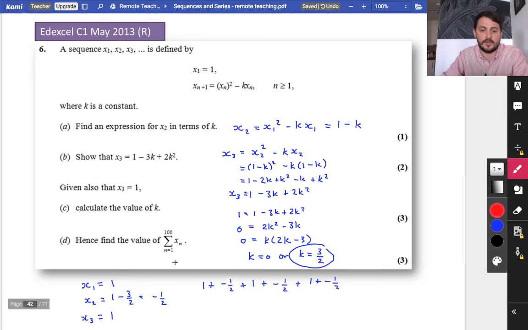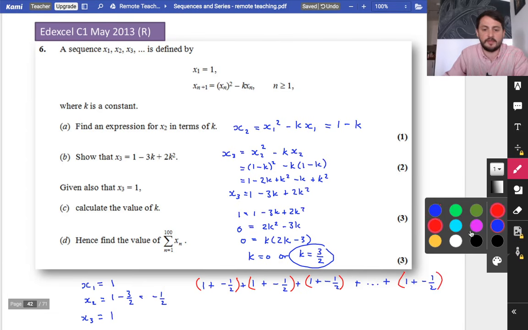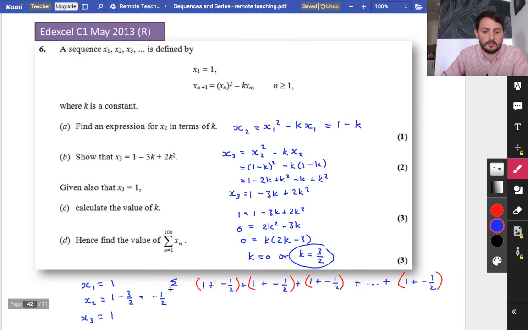Now, if there's 100 of these terms, that must mean that there are going to be 50 of these repeating pairs that we have got here, for the sum from n equals 1 to 100 of xn.